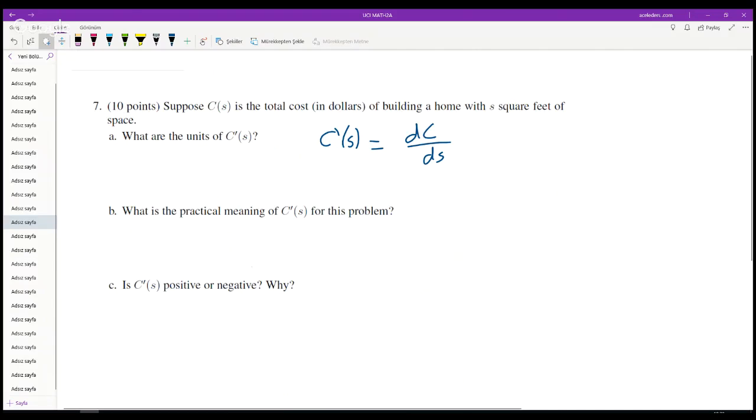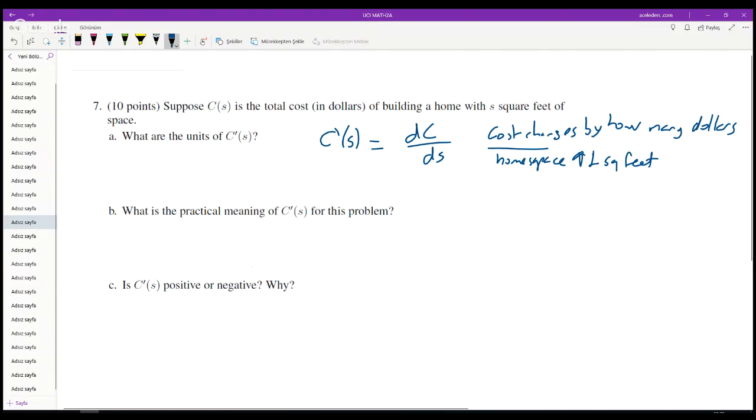When the home space increases by 1 square foot, the cost changes by how many dollars, right?